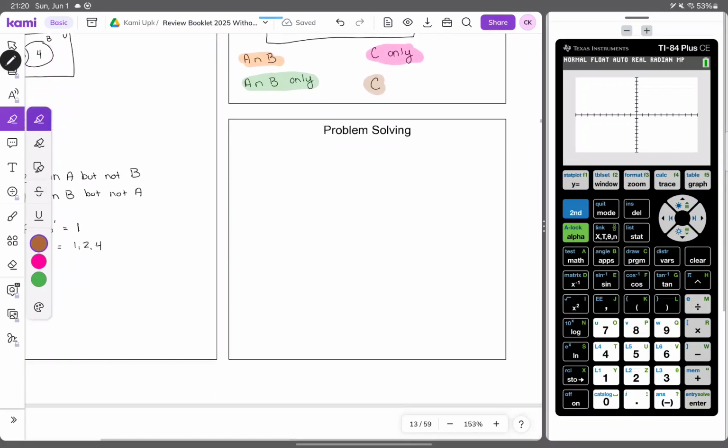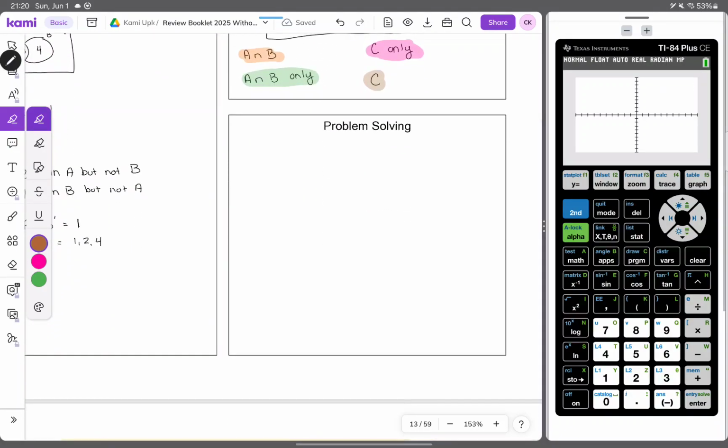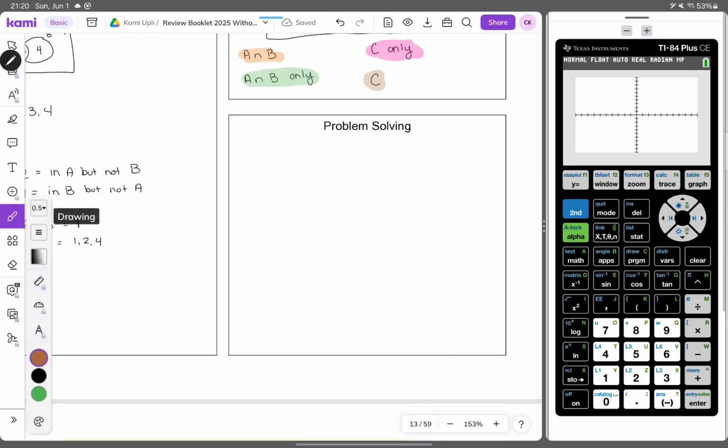When it comes to problem solving, you're always going to use your Venn diagram. So you're going to draw and organize information into your Venn diagram.